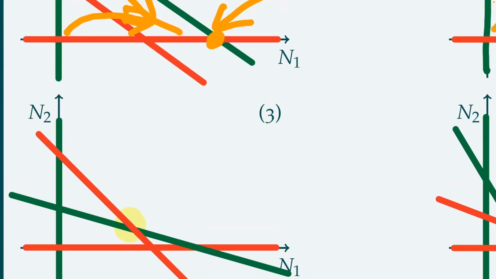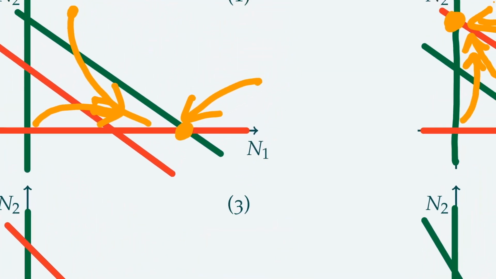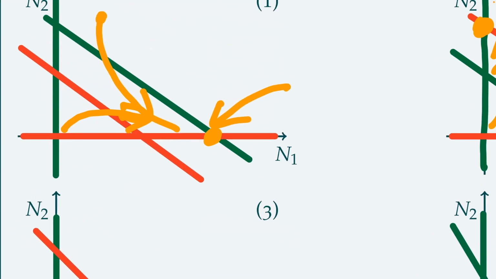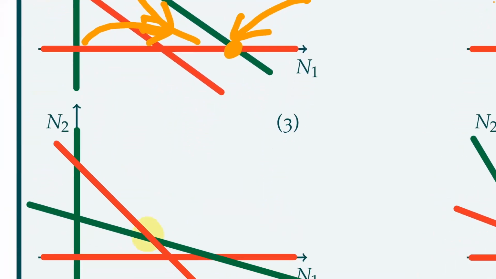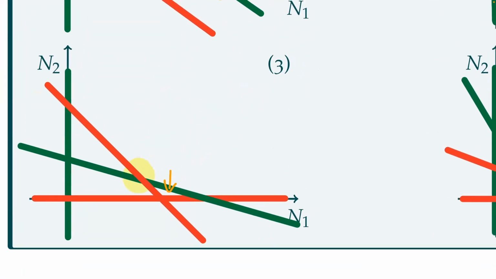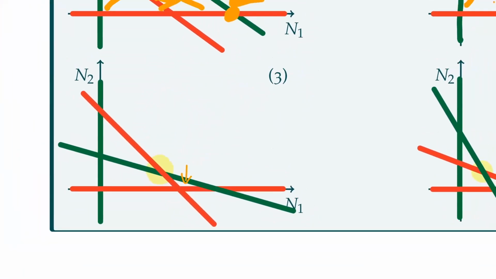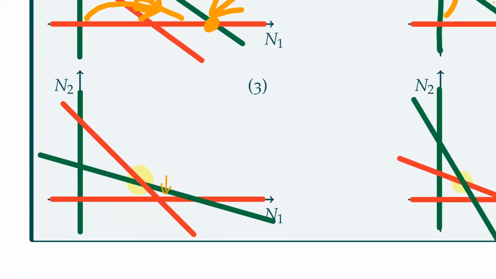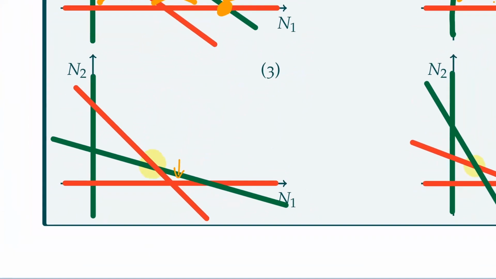Okay, so what do we know from above? We know that when the green diagonal null line is above the red diagonal null line, we're moving down. So that means in this case, we're moving down here. And when the red diagonal null line is above the green diagonal null line, we move up. So that means we move up here.